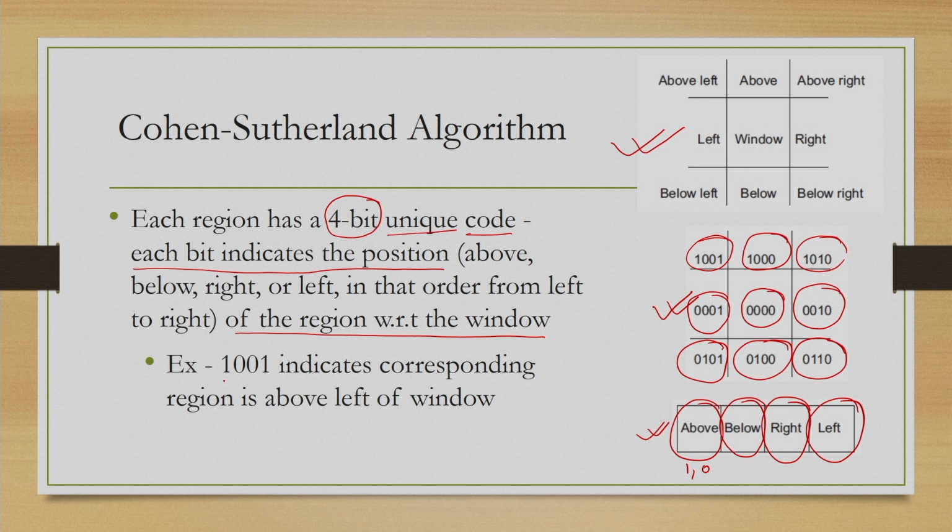For example, consider 1001. So, we have above 1, below 0, right 0 and left 1. That means the region is above left as shown here, because these 2 bits are 1, whereas below and right bits are 0. So, that is how the codes are assigned to each region.